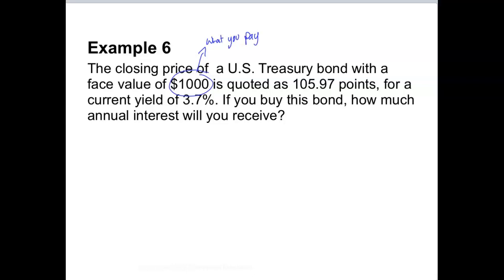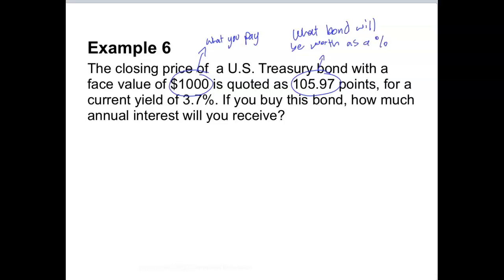The closing price is what the bond will be worth at its maturity, but it's specifically as a percent.